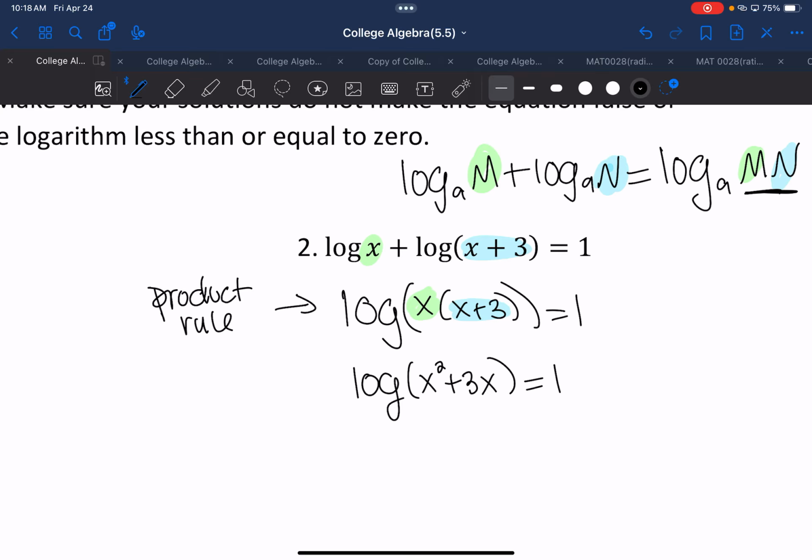Anytime it's not written, it's understood to be 10, because that's our most common number, right? So if you don't see a base, it's 10. So to write this in its exponential form, I need to start with the base of 10, and it gets raised to the power of 1, and then that should be equal to what's inside, which is x squared plus 3x.